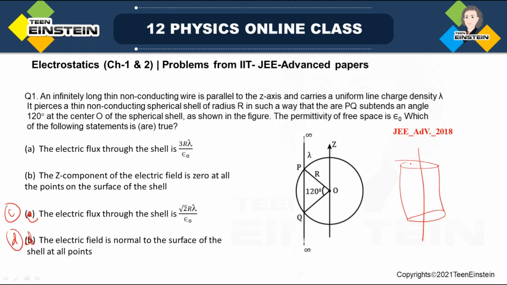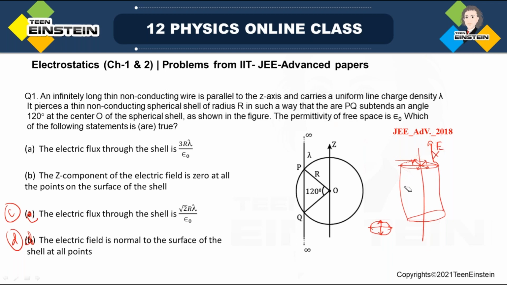So when there is cylindrical symmetry, the electric field will always be radial. That means the electric field will be along this direction. I mean to say, it will be uniformly distributed along the radius, so there will be no electric field component along the z direction.